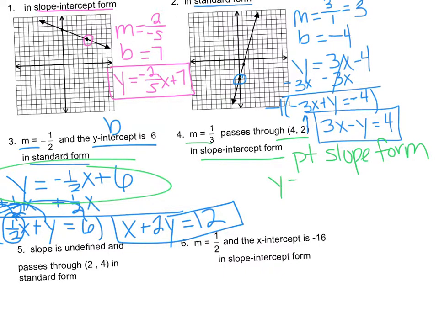It's y minus y1 equals m times x minus x1. So on your point, this is x1 and this is y1. So you're not ever going to plug in for that first y. So y minus the y1 of the point, which is 2, equals your slope, which is 1/3, times x minus the x value of your point, which is 4.